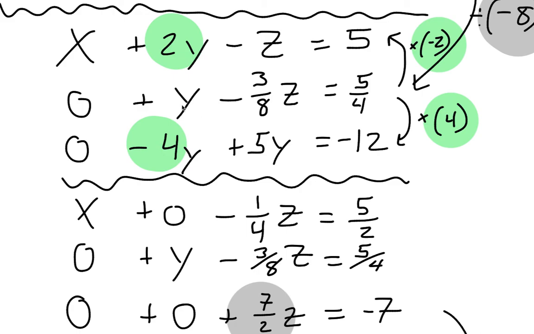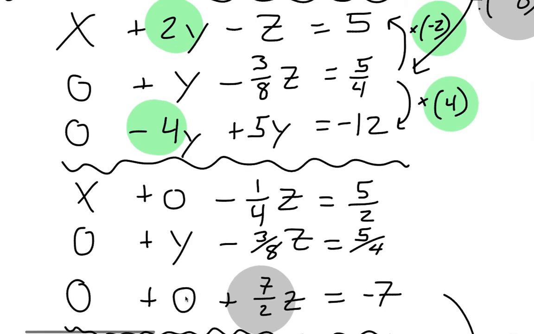Then down here, I see a negative 4, so I'm going to multiply the middle equation by positive 4 so that I create a 0 right here. So y times 4 is 4y, add it to negative 4y, you get 0. Negative 3/8 z, 0 times 4 is 0, you add it to 0, you still get 0. Great.